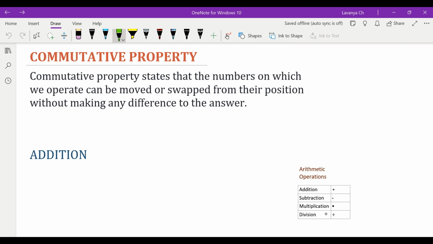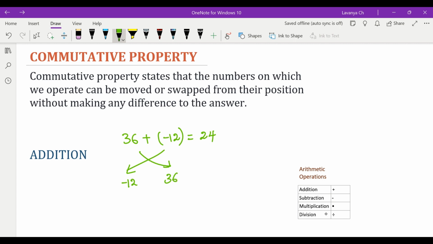we'll take two different integers, again 36 and negative 12. If I have to do addition for this, adding these two will give us an answer that is 24. Now when we swap the places, we'll write this first and this one will go second.